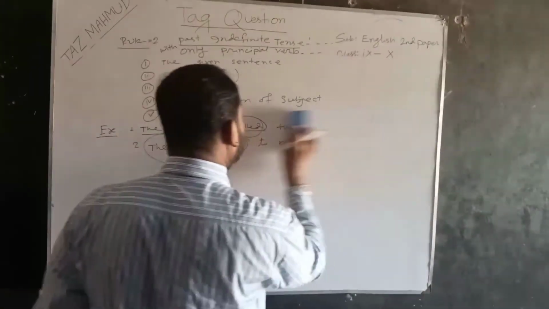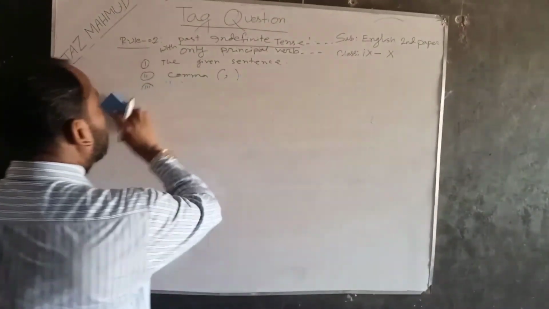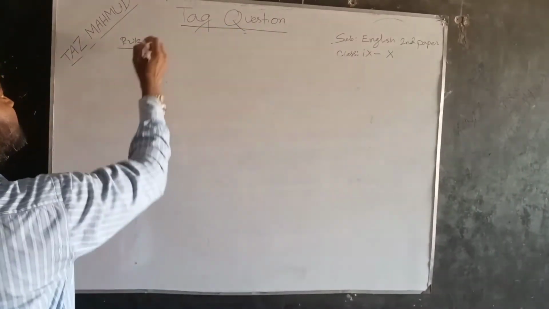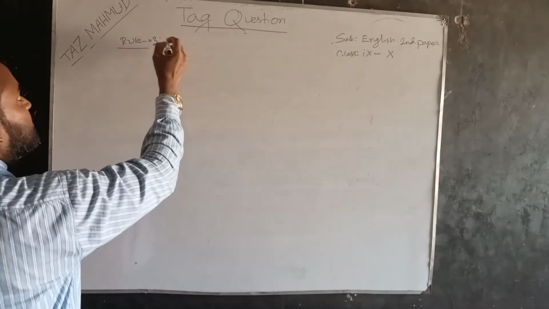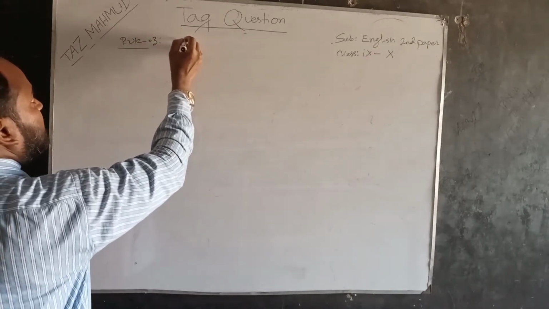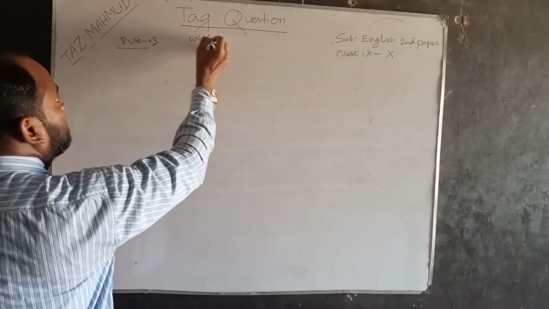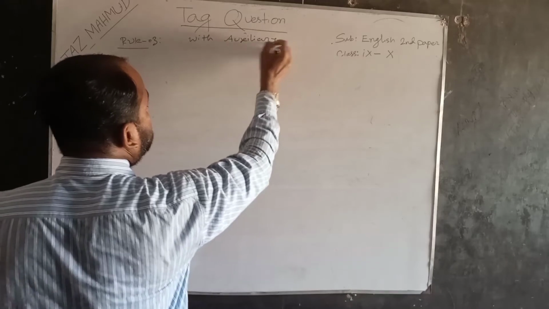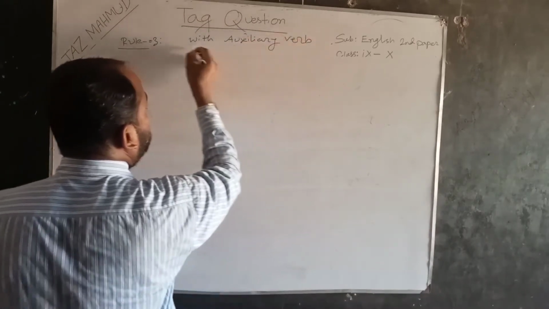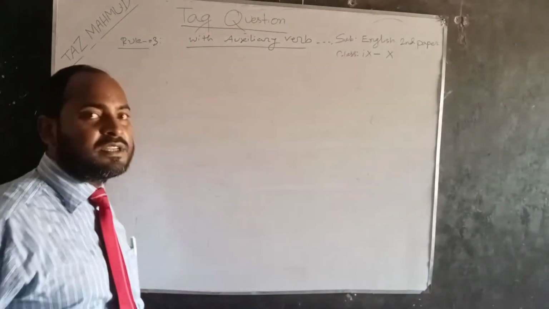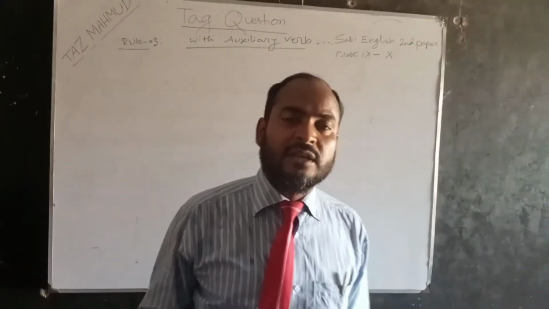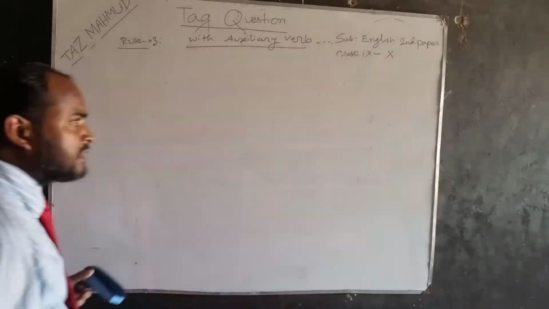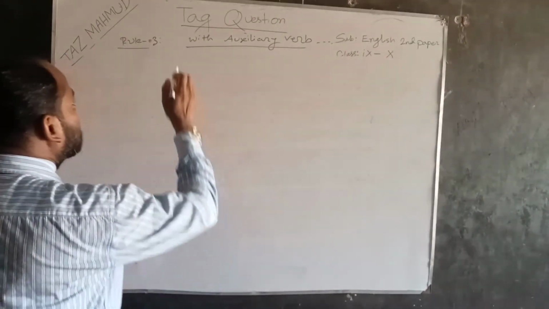My dear learners, now we shall discuss another rule. Rule number 3. If the assertive sentence is with an auxiliary verb, it may be any type of auxiliary verb: am, is, are, was, were, have, has, had, shall, will, modal, or any other.